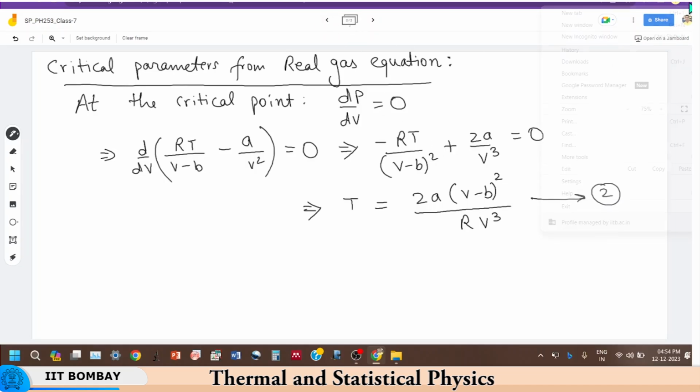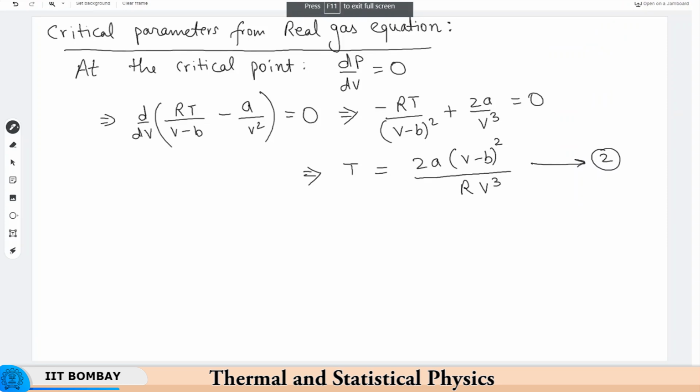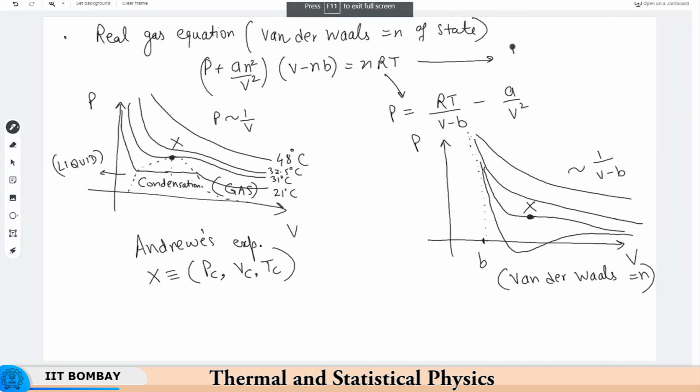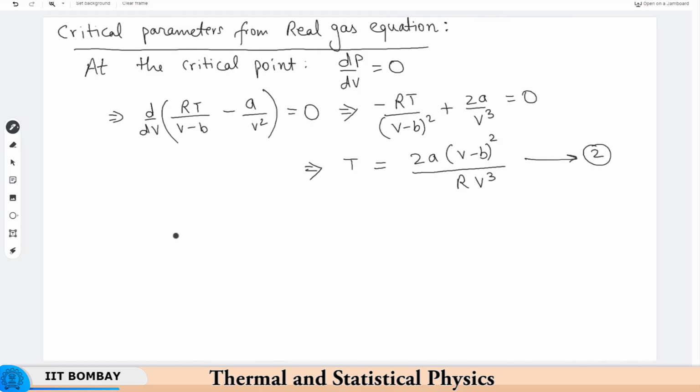Let us call this equation 1, which is the real gas equation. All right. So what we'll do is we'll now substitute this temperature in equation 1, right? So substituting T in, or basically substituting equation 2 in equation 1.